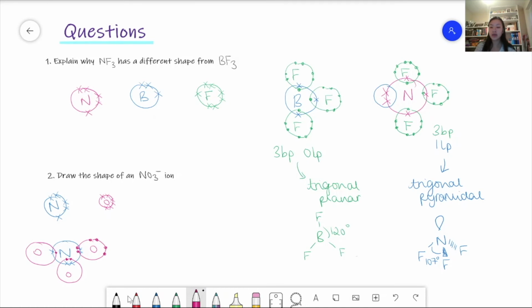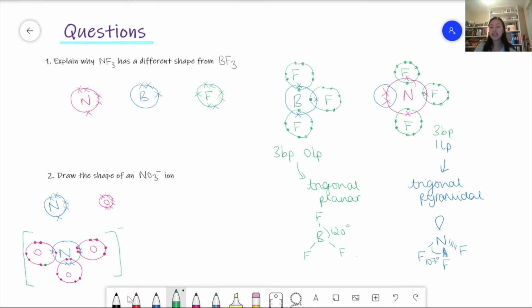And this one also has 4 left. And this one has 5 left. But then we have a look and see that it's a 1- ion. So that means that there is an extra electron on this oxygen here, which makes it into an NO3- ion.